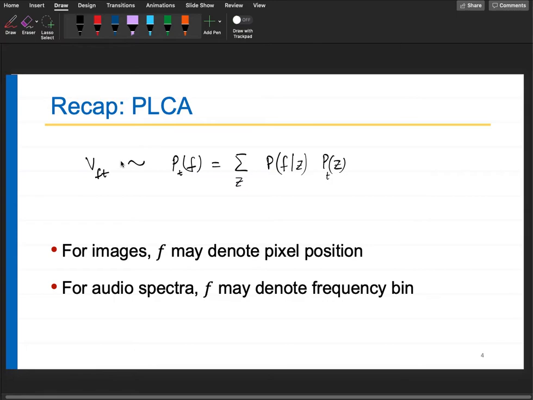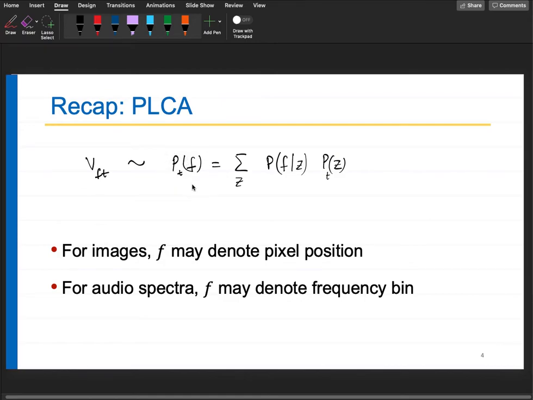Okay. So just to remind, V_FT is a data matrix where T means the different data points. F means the different elements of the same data point, the different elements of the data vector, right?